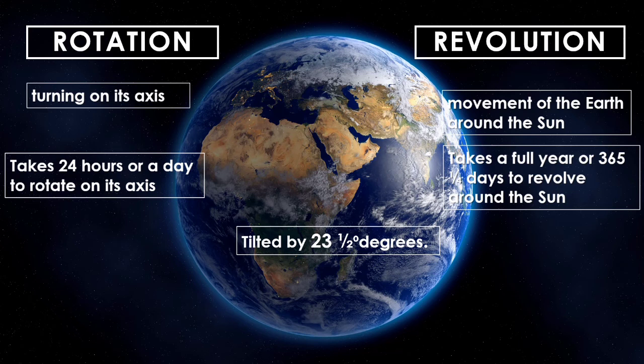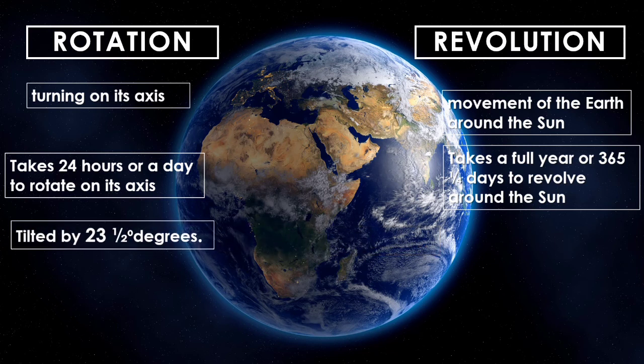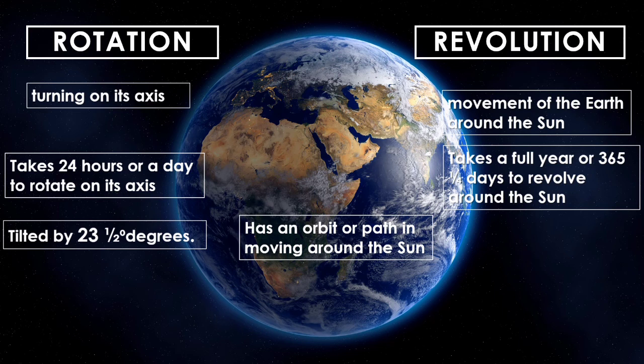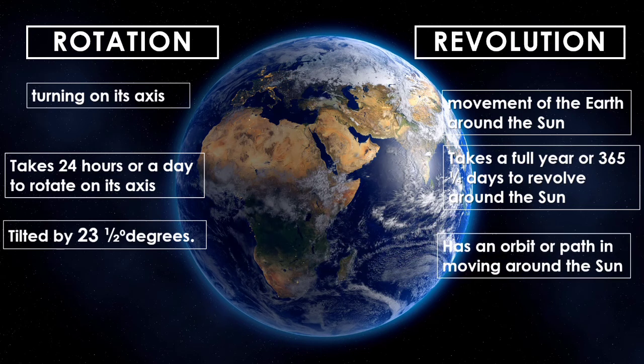Tilted by 23.5 degrees, as described under the column of... You're absolutely correct, under rotation. Has an orbit or path in moving or revolving around the Sun, as described under the column of... Very good.